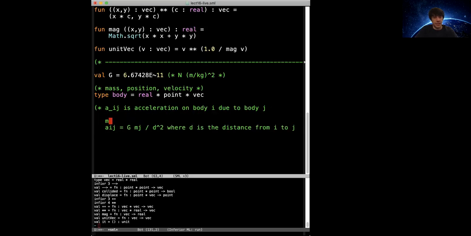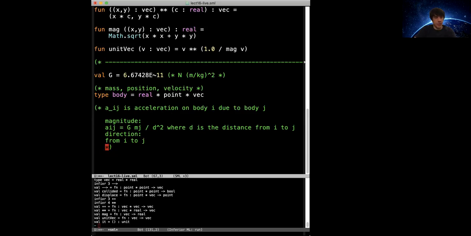And that's describing the magnitude of the acceleration. And then the direction, we said the convention is that if we want the acceleration on body i due to body j, then it's going to point from i to j, because if it's the acceleration on Earth due to the sun, then it's pulling from the sun towards the Earth. Okay, I think I got that right.